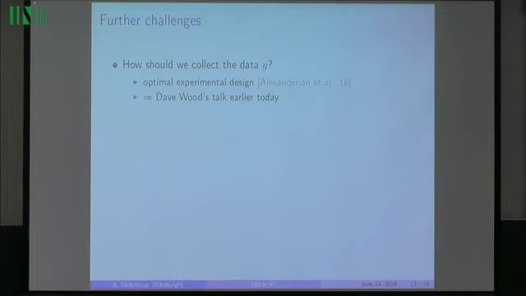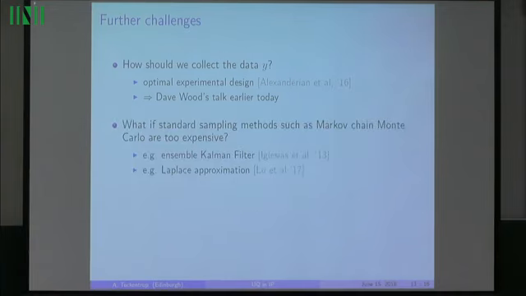So one question is how we should actually collect the data y. That was Dave Wood's talk earlier today. It's related to optimal experimental design. In many applications, you can actually choose how you collect your data y. So if it involves setting up some sensors or something like that, then you can choose how to do that. And there's this whole area of optimal experimental design about that.